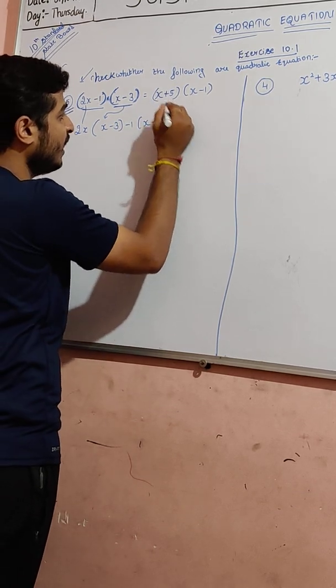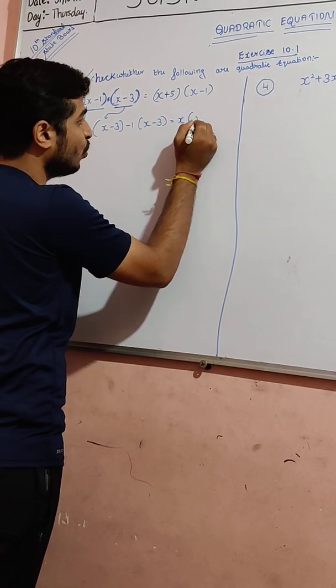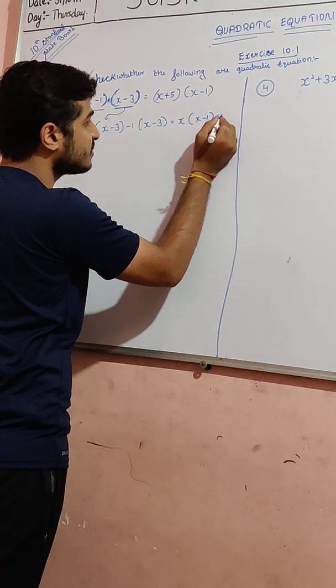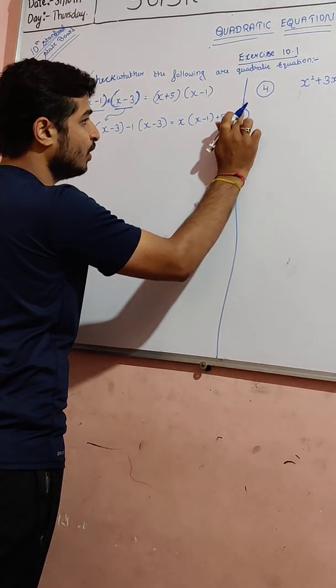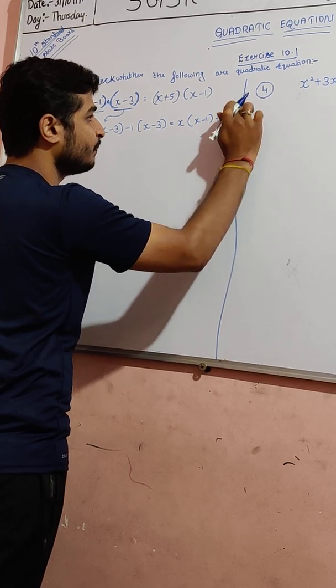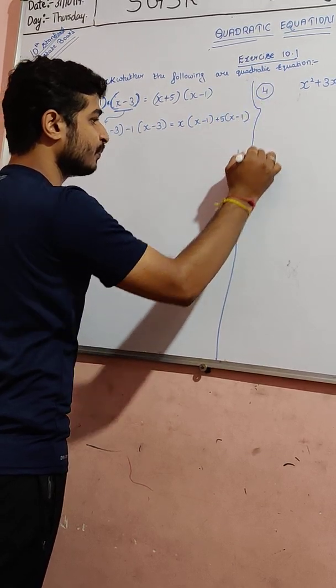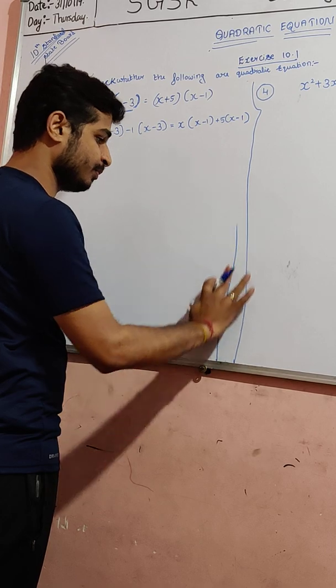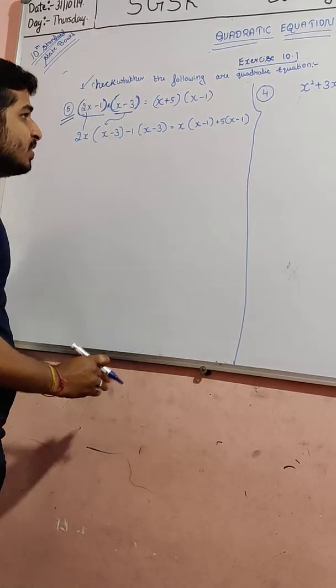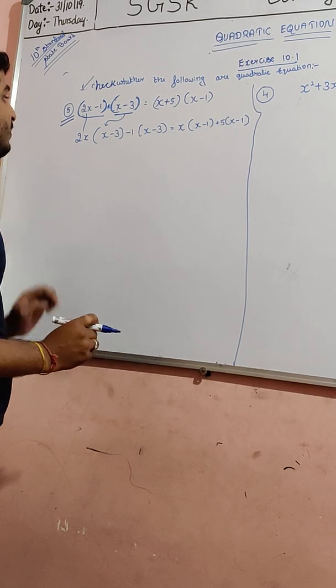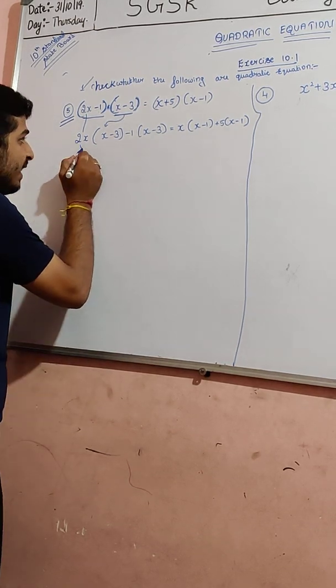So in the same way, x into x minus 1 plus 5 into x minus 1. All know about factorization. So this becomes a factorization of a number. So now you are multiplying these numbers.